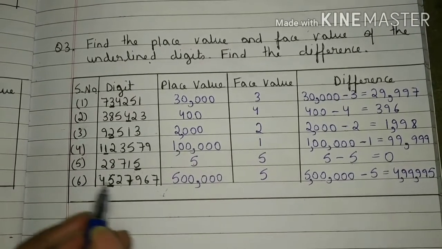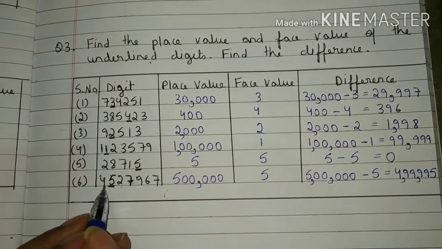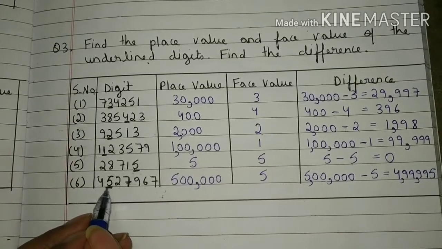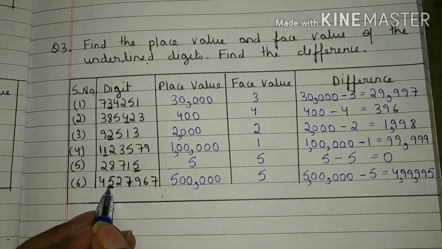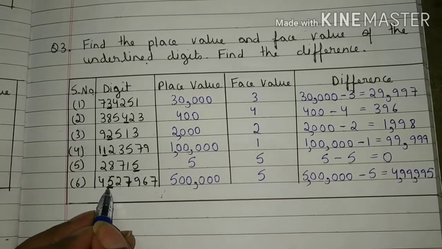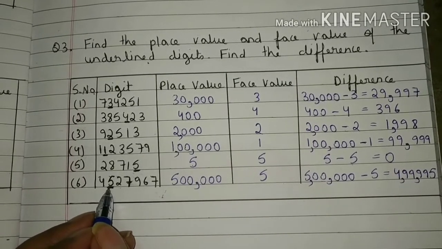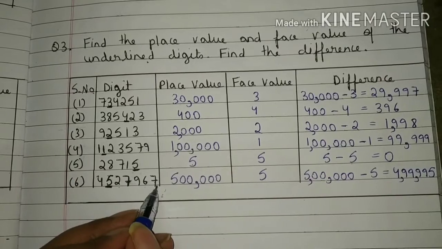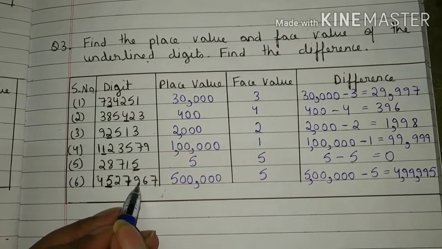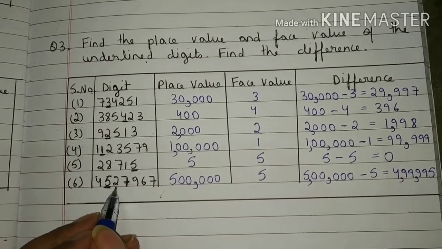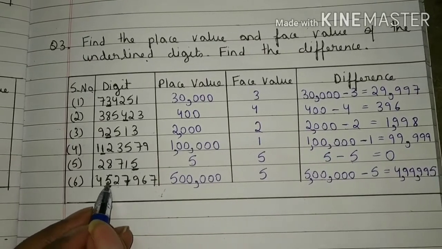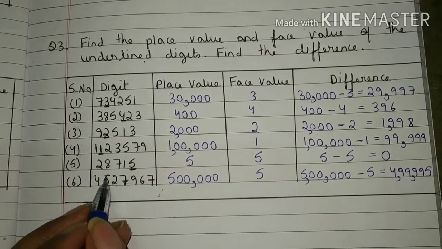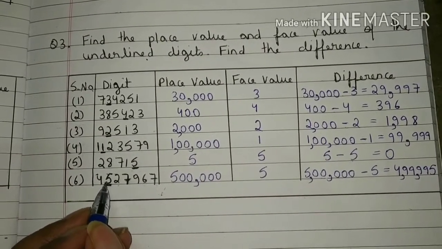Sixth question. Students, in this question underlined digit is 5. So you have to find the place value and face value of 5. Students, this is ones place, tens place, hundred place, thousands place, 10,000s place, lakh place. Students, you can see that 5 is at lakh place.